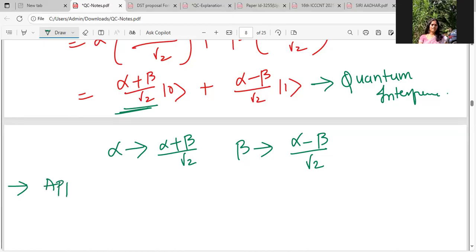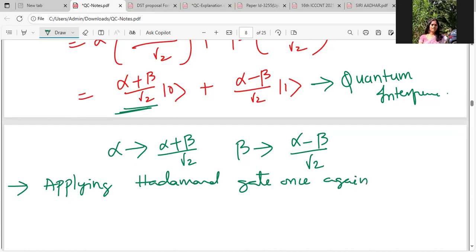applying the Hadamard gate twice. Applying the Hadamard gate once again, the second time.